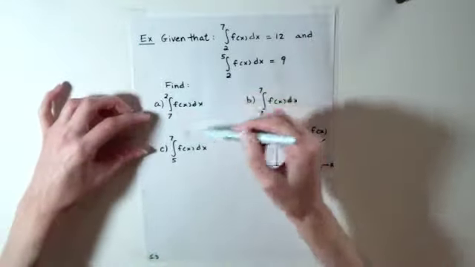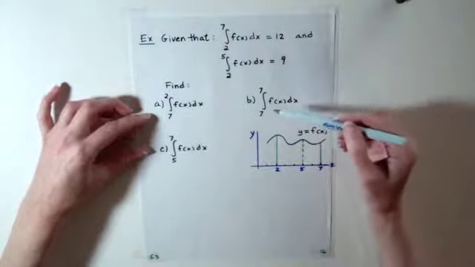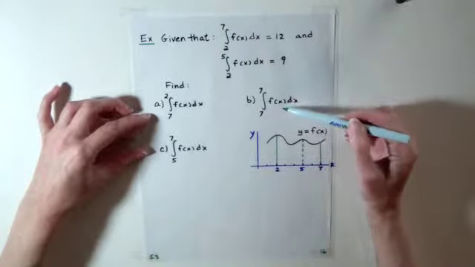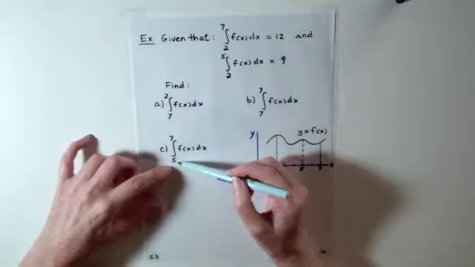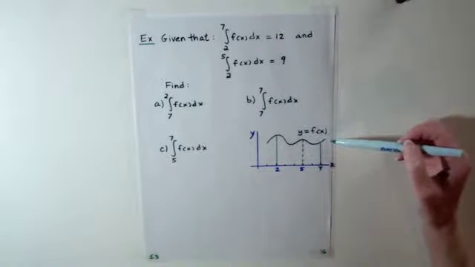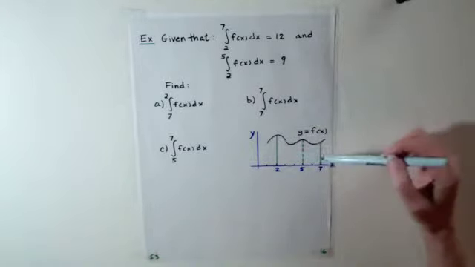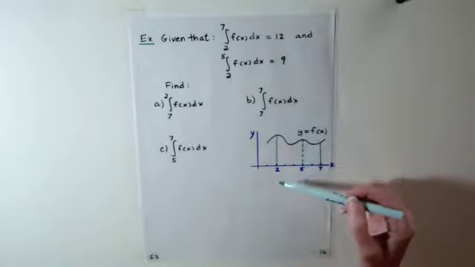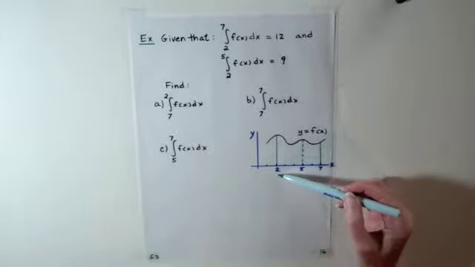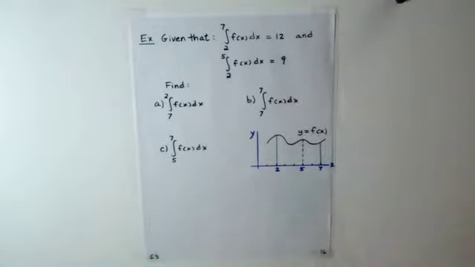And they ask us to find a bunch of different stuff, integral from 7 to 2 of that function, integral from 7 to 7 of that same function, and an integral from 5 to 7 of that function. And I drew a little picture here. You don't really know what f of x looks like, but sometimes it helps to visualize and understand if you just sort of draw a picture. And here are the different integral limits that come up in various questions, the 2, the 5, and the 7.